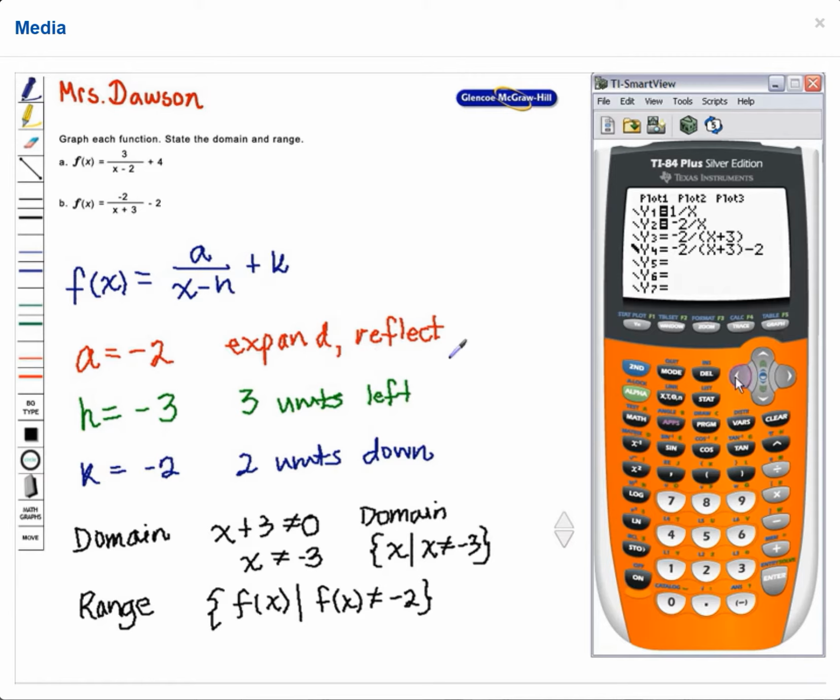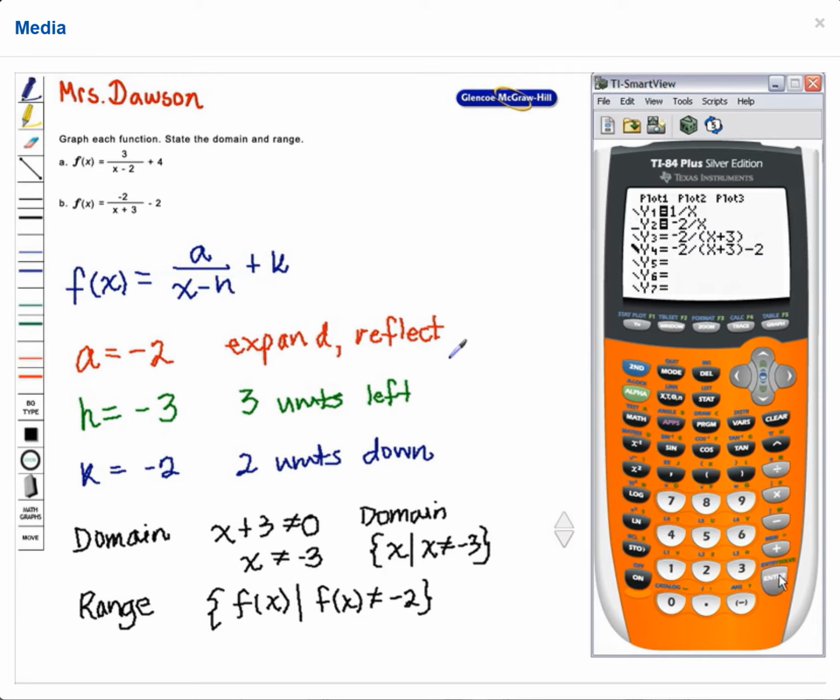And let's make that bold so it's easier to see. So we expanded and reflected over the x-axis. Putting y2 back to normal by hitting enter.